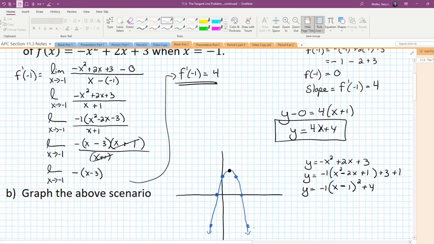All right, I have asked you to find the tangent line. And so we know it's going to pass through this point right here. And the slope is 4. So 1, 2, 3, 4 over 1. And I get a line that looks like this.